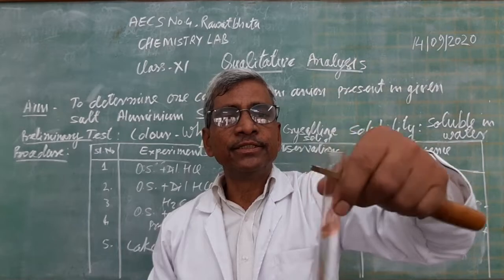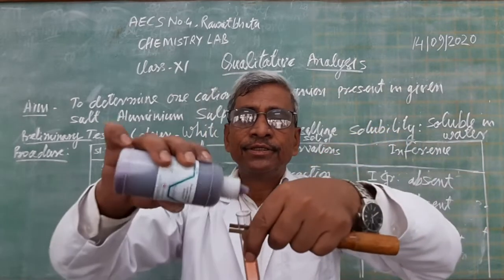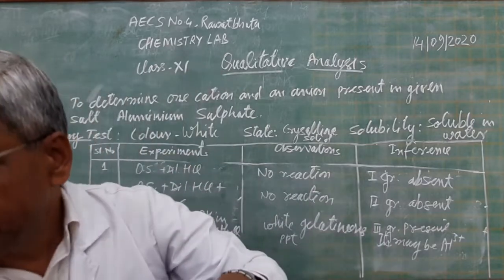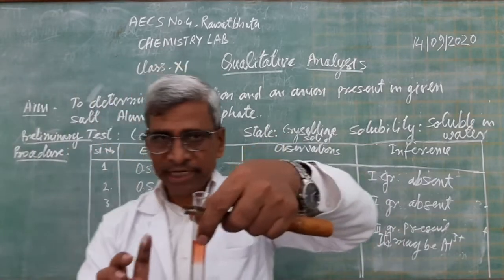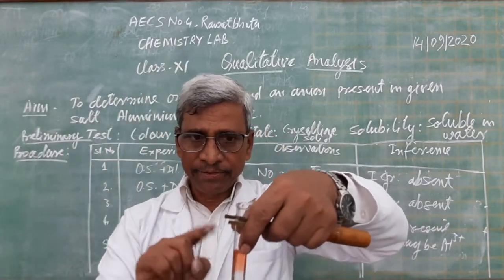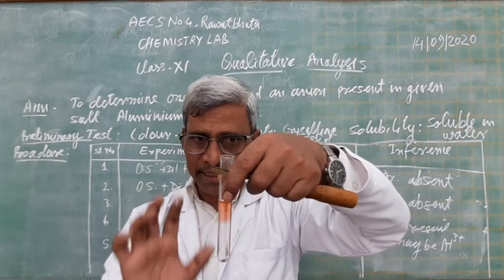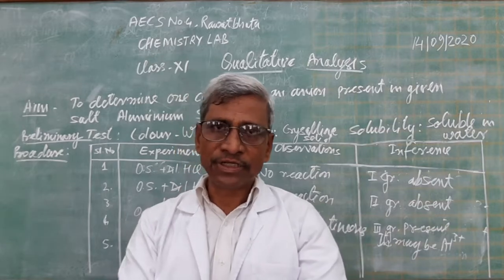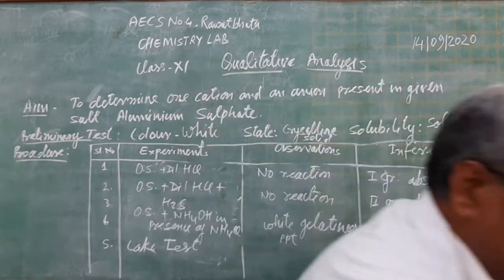This blue litmus turns red because the medium is acidic. Aluminium is there, HCl is added, we have added blue litmus. Now we get the red solution and here the colorless. Then add ammonium hydroxide in excess. Here is the ammonium hydroxide again.